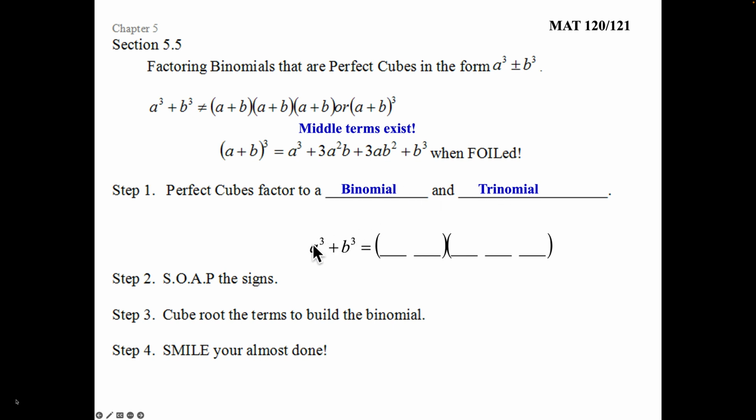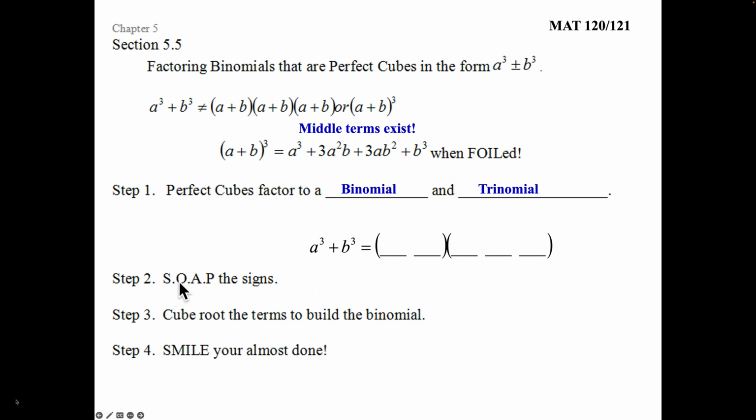So when I take a cubed plus b cubed, I'm thinking it's going to be a binomial with two blanks and a trinomial with 3 blanks. In between my blanks, I've got to put in plus and minus signs. That's where step 2 comes in. And like I said, you'll be able to combine these two together when you see it.